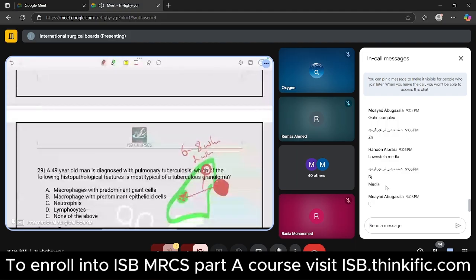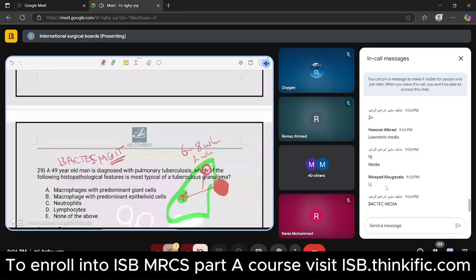Liquid media like Mycobacterium tuberculosis growth indicator tube, or also the automated version of that, called BACTEC. BACTEC, MGIT. This is a better way of growing the organism.